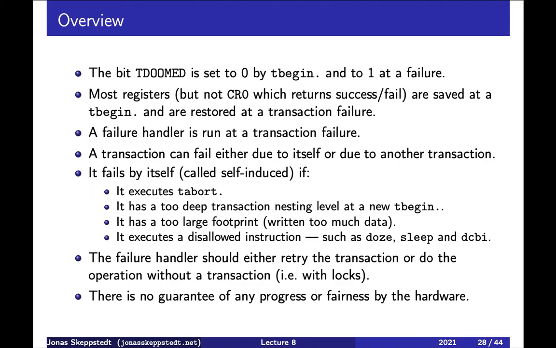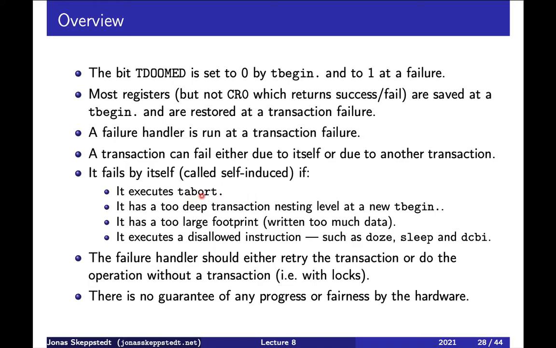Okay, and if there is a transaction failure, an error handler will be executed. It can fail due to a conflict with another transaction, as explained during this lecture. Or it can fail by itself, and this is called self-induced failure.